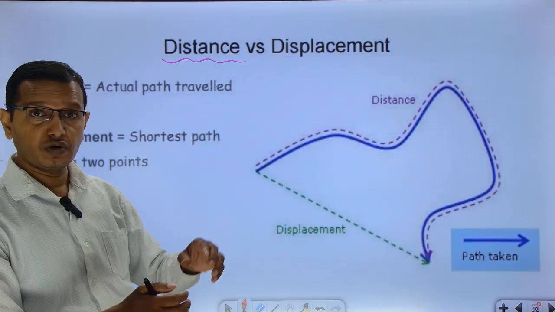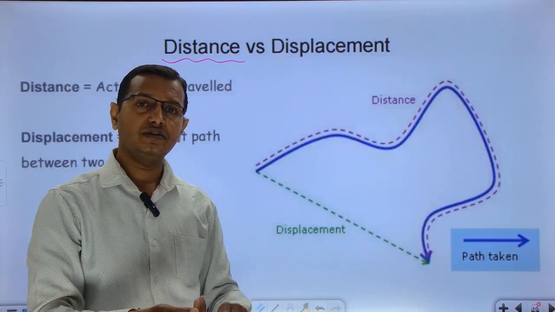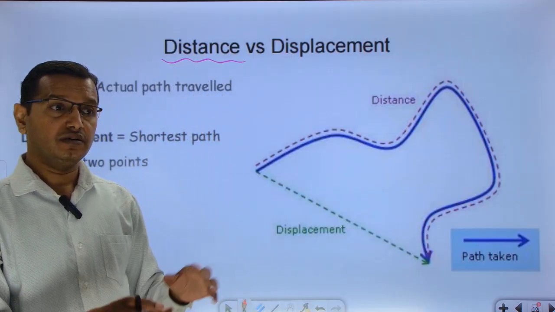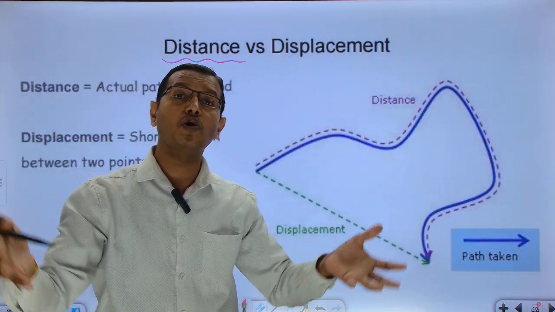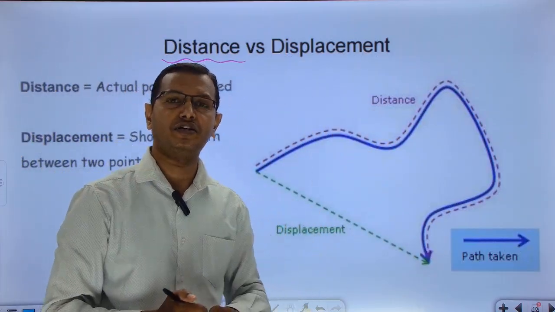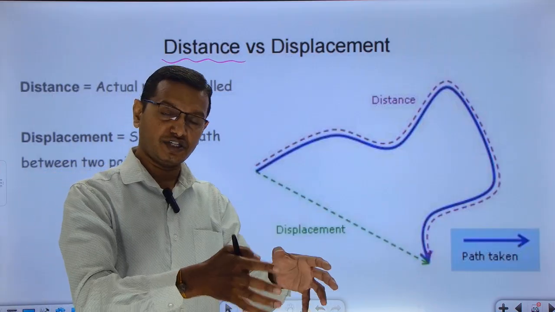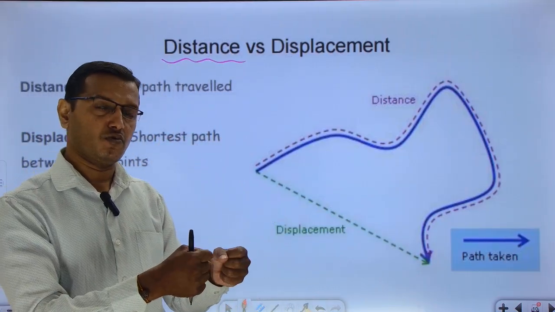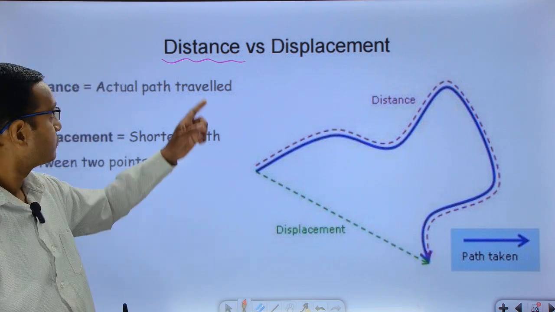In physics, you will get so many quantities: distance, displacement, acceleration, velocity, current, magnetic flux, electric flux. All these quantities are called physical quantities. Physical quantities are nothing but quantities that we can measure. So if you understand physical quantities properly in physics, you can quantify anything.